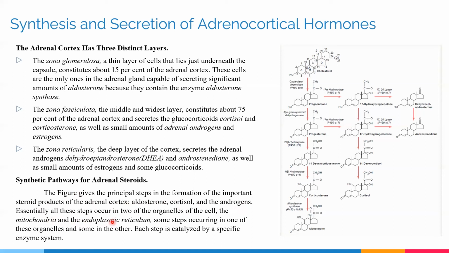Essentially, all these steps occur in two of the organelles of the cell, the mitochondria and the endoplasmic reticulum, some steps occurring in one of these organelles and some in the other. Each step is catalyzed by a specific enzyme system. So the starting point for all of the adrenocortical hormones is cholesterol, which after various enzymatic reactions gives rise to aldosterone, cortisol, and the androgens.